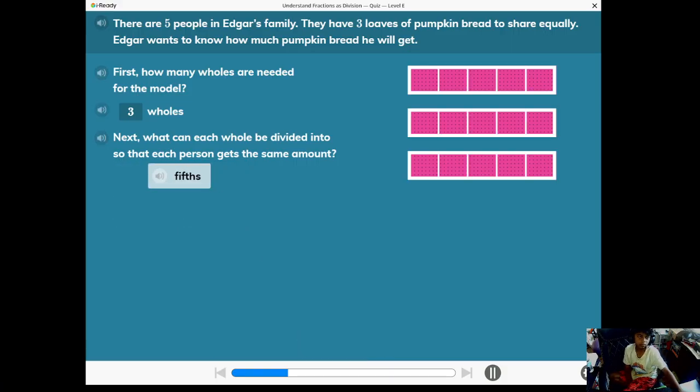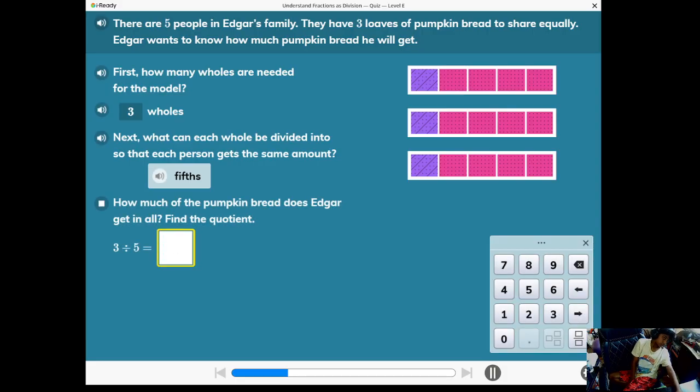Now each hole is divided into 5 equal parts. Edgar will get 1/5 of each loaf of pumpkin bread. How much of the pumpkin bread does Edgar get in all? Find the quotient. Wouldn't it be 1/3? I'm just gonna put 3/5.